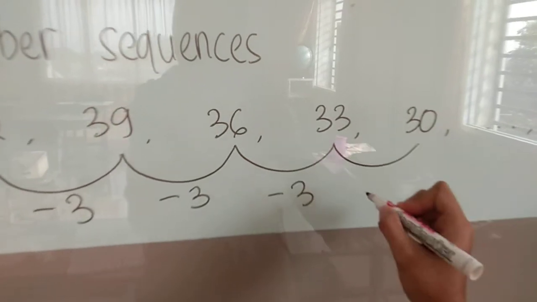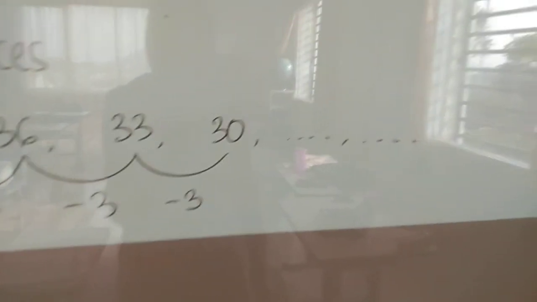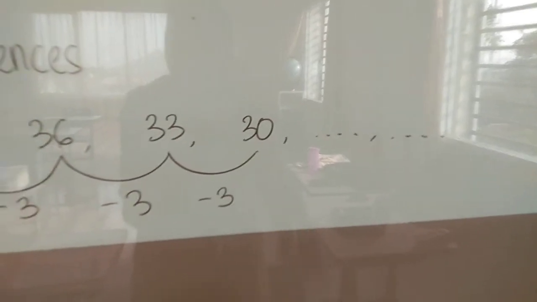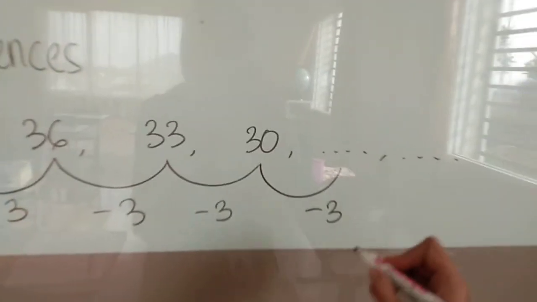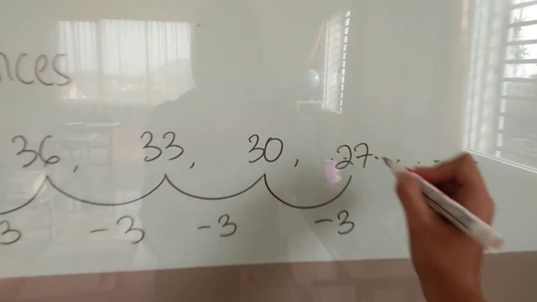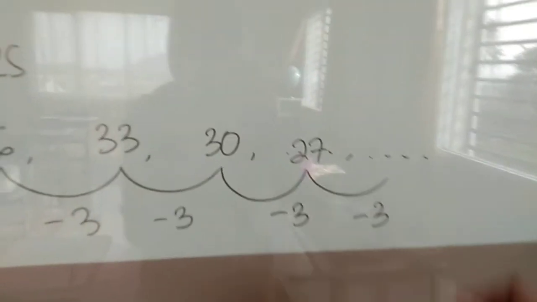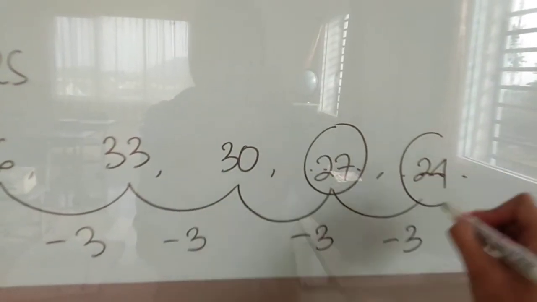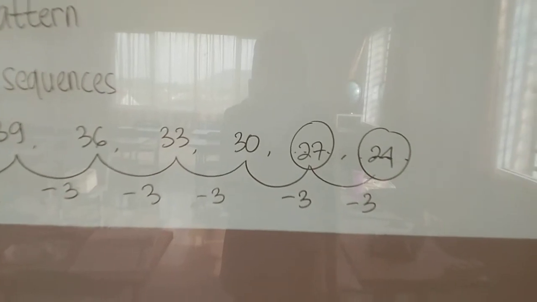This one also subtract 3. So, how about the next two terms? Okay, so this one also subtract 3, so we get 27. And this one also subtract 3, we get 24. So the next two terms are 27 and 24.